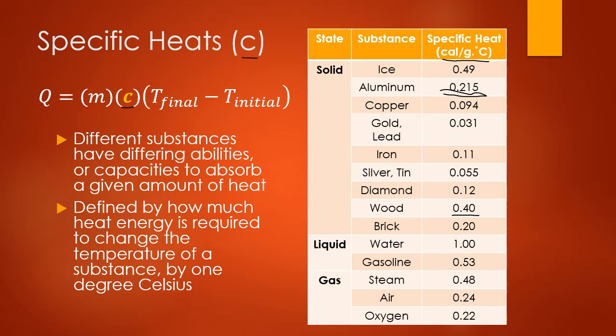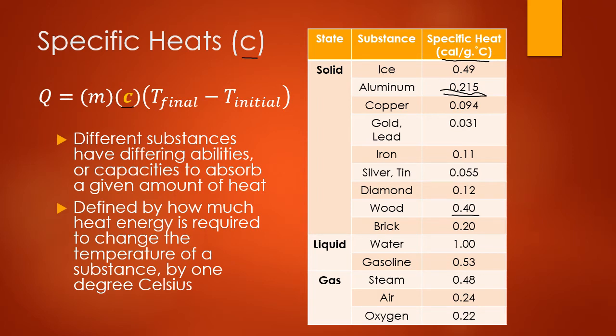So we have calories. Well, calories, that's what our Q is going to be measured in, our heat. The G, that's grams. So that's our mass. Our mass needs to be measured in grams, not kilograms. And lastly, degrees Celsius, that's because of the temperature factor. We need our temperature in degrees Celsius.